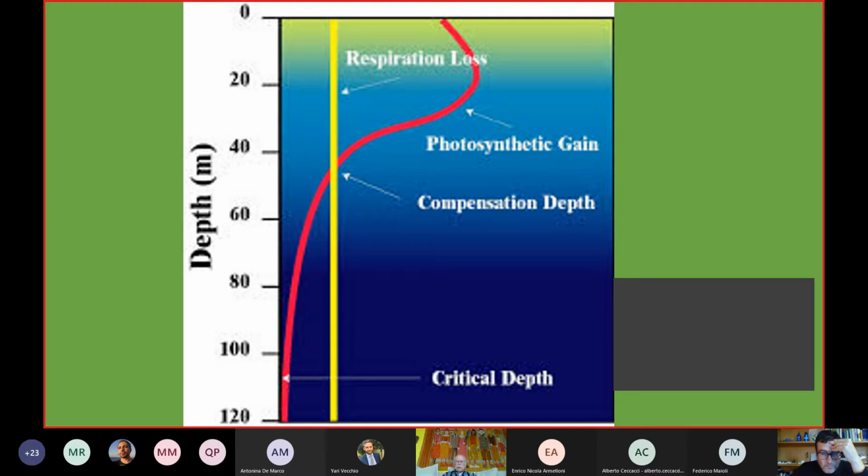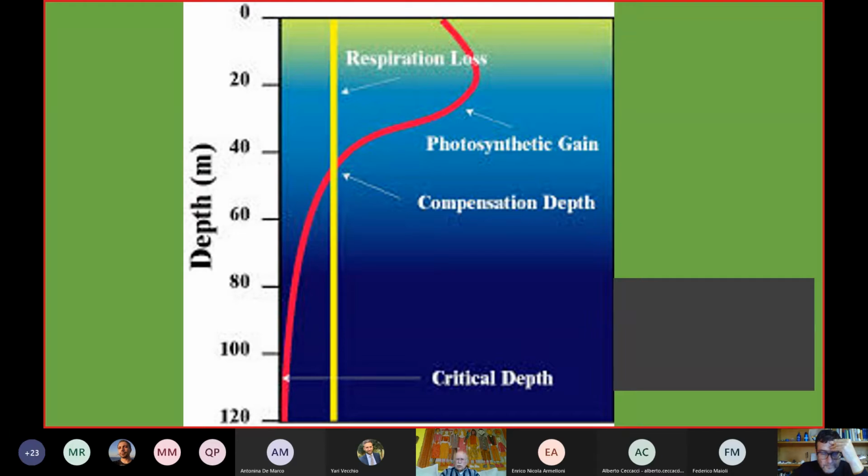Then it goes down, as we said, as the light decreases. And we assume, and that's the yellow line, it is not exactly so, but it is good enough for our discussion, that's the respiration loss. So you have to see the compensation depth is where the photosynthetic rate equals the respiration rate.